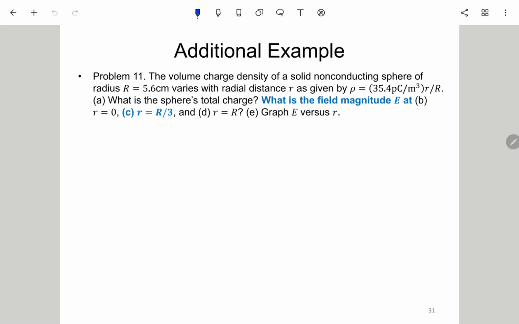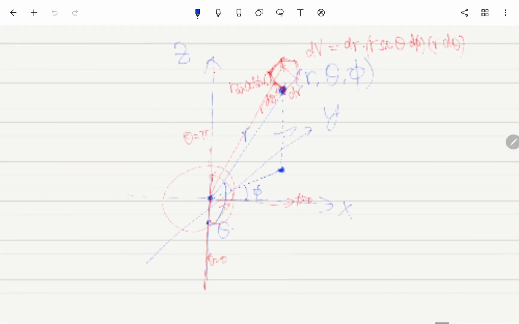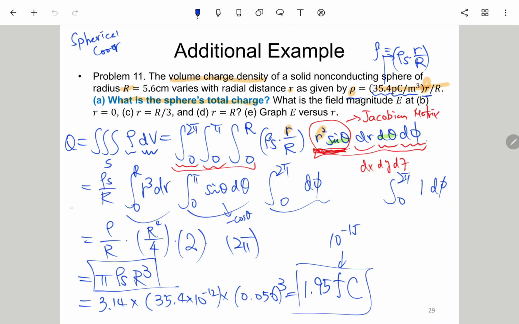For question C, what is the E field at R equals capital R over 3? That is inside the sphere, so here we need to compute Q enclosed again. It will be similar to the previous one; the only difference is that we change this R into R over 3.